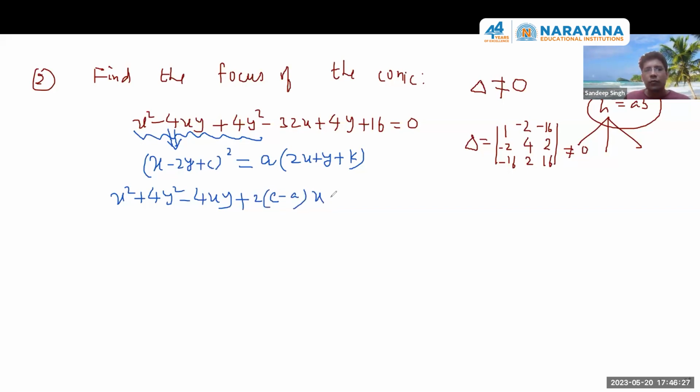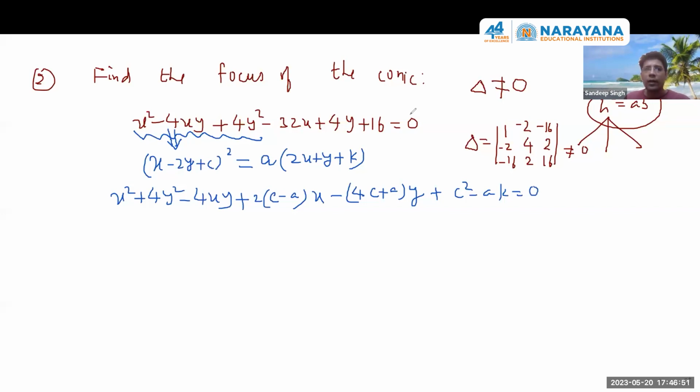Next, coefficient of y, you tell me. What is the coefficient of y? Minus 4c. What else? What is the constant term? So have we written all the terms?